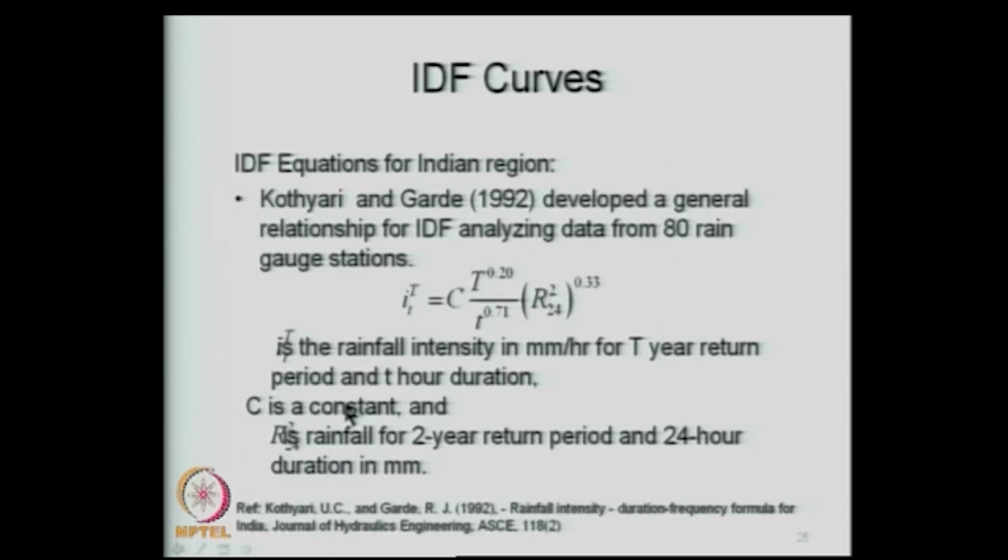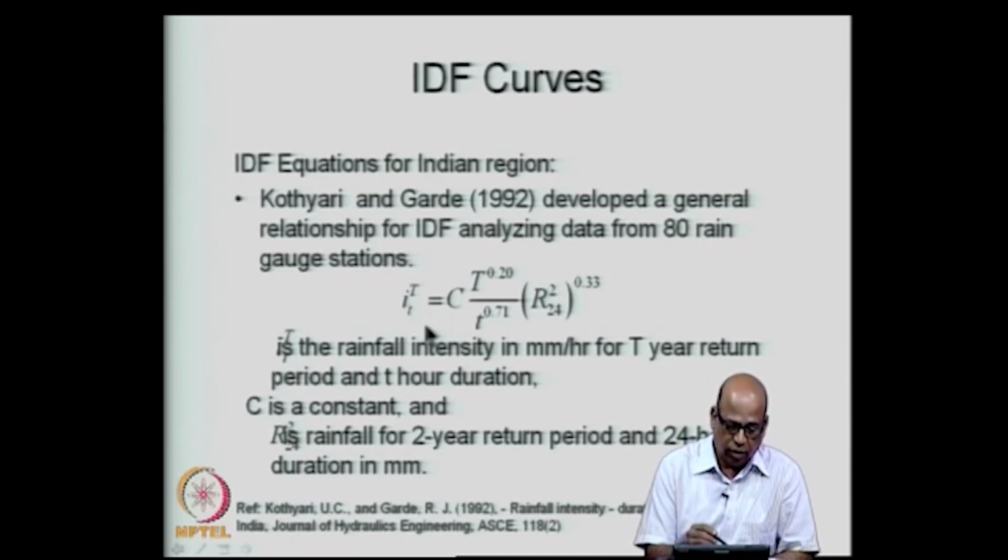Similarly, more recently Kothyari and Garde have developed another general relationship. I would encourage all of you to have a look at this particular paper. This is the most recent one, and they have done an extensive study of 80 rain gauge stations, and then they arrive at such a relationship: intensity corresponding to a return period of capital T for a duration of small t is equal to C, which is a constant, times capital T, which is the return period, and small t, which is the duration, times R 24/2.